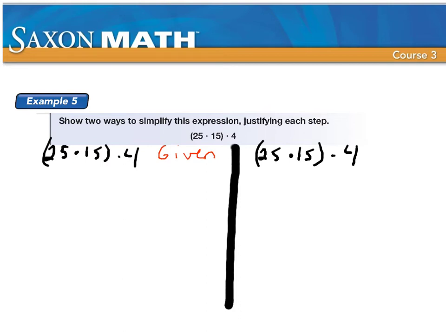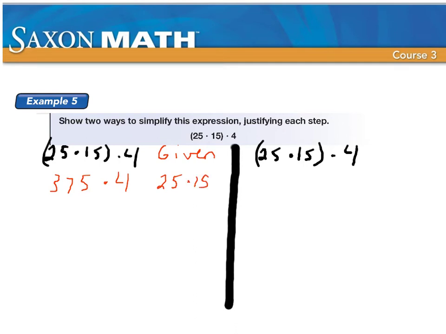Okay, so the first thing that I would do to solve this problem is the parentheses. Okay, I would take 25 times 15. Well, 25 times 15 is 375. Okay, and then I would still have times 4. And the only thing that I did was I took 25 times 15. That's my justification.